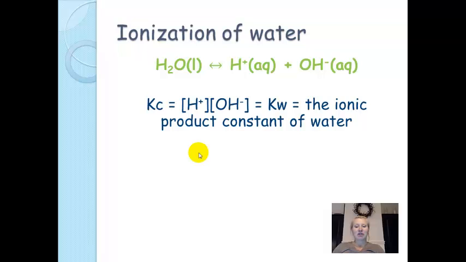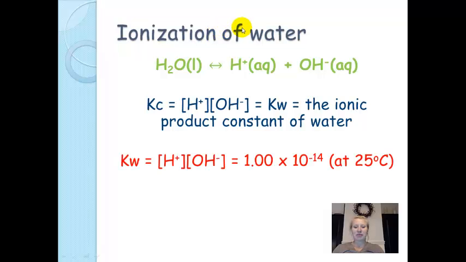So Kw is equal to H+ times OH-. And remember, we don't put liquids into our Kw expression, so we leave out the H2O liquid. Kw at 25 degrees Celsius is always equal to 1 times 10 to the negative 14th. So it's always a constant at room temperature.